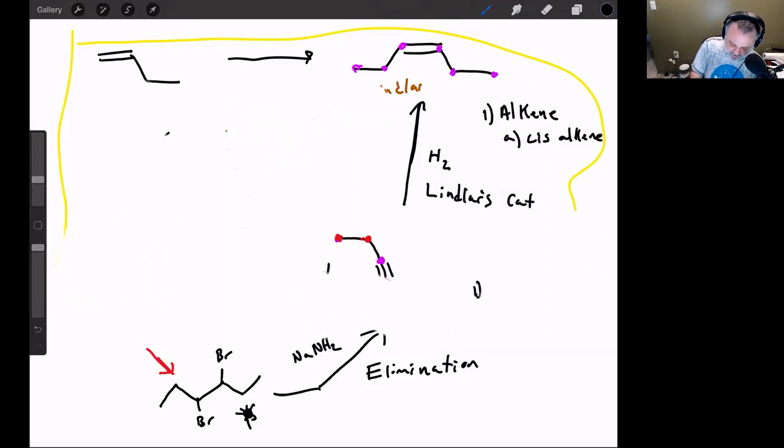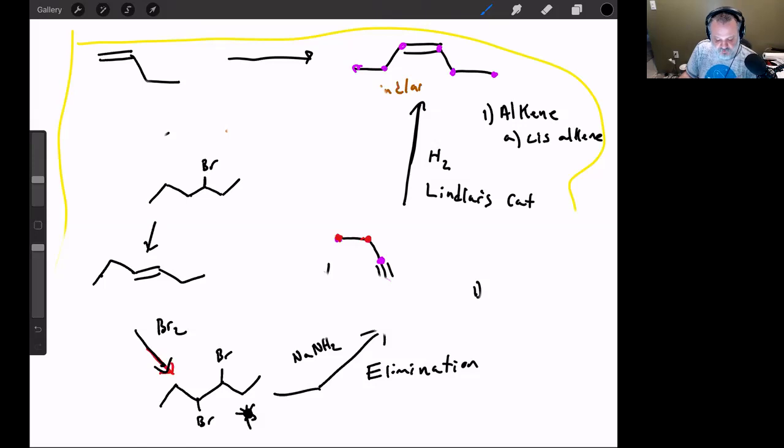I can do this reaction because I can add Br2 to an alkene, and it wouldn't matter if it was cis or trans. Well, the question is how do I make alkenes? I can make alkenes by doing an elimination. And I could eliminate this alkene. So that's 1, 2, 3, 4, 5, 6. And I would need only a Br in that location to do an elimination.